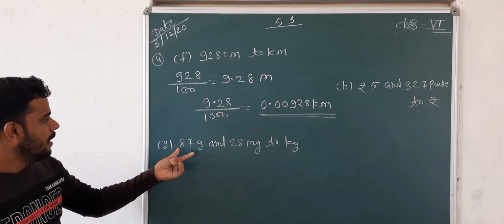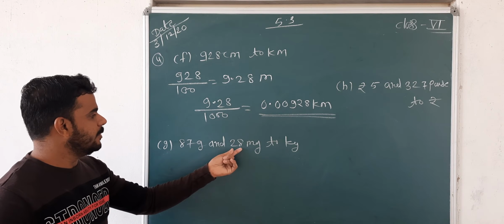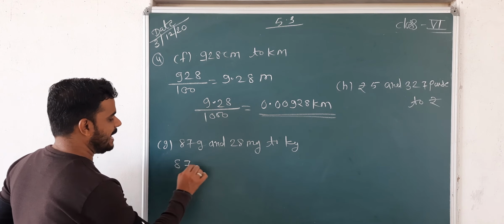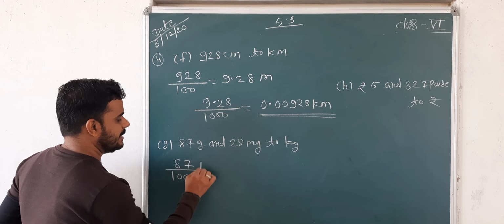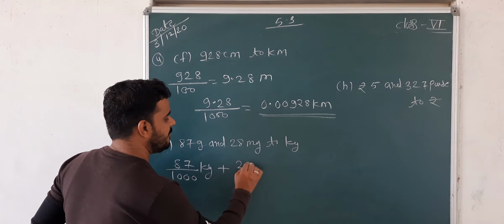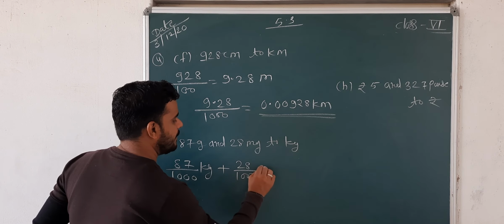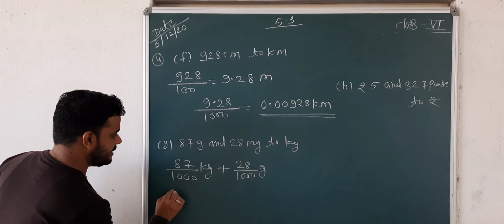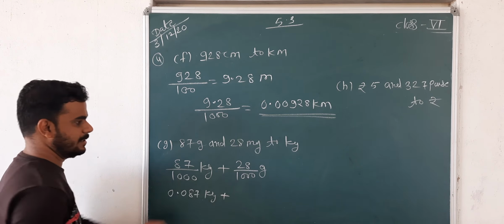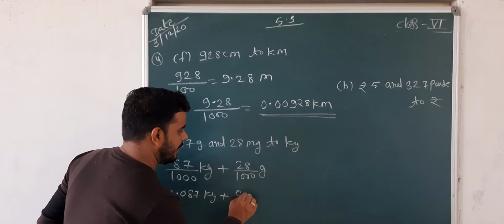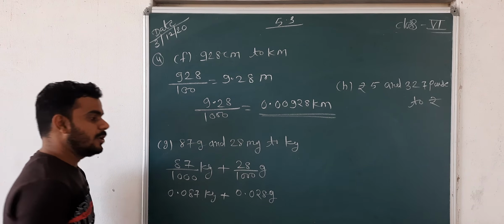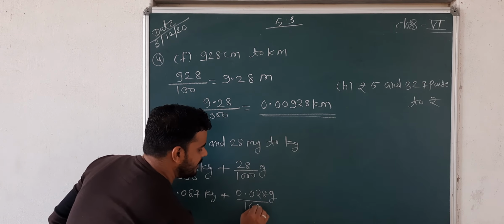Okay, so the next is 879 gram and 28 mg to kg. Again this is also gram. So first 879 by 1000. This is kg, and 28 mg. So mg first we have to change in gram, so again 1000. So the answer is 0.879 kg plus 0.028 gram. Okay, so again we have to divide by 1000.